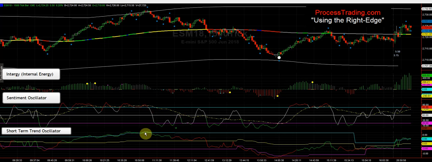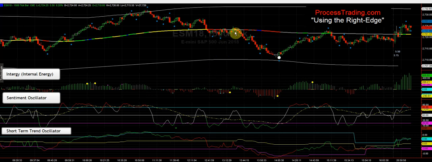We also know that at this point because the short-term trend oscillator has itself cut down through the upper boundary and is starting to slope down. Over here we see it cuts through the pullback line, which is also significant.